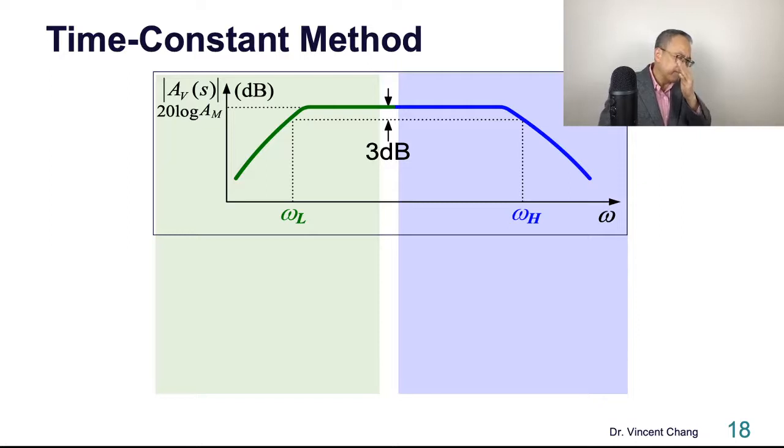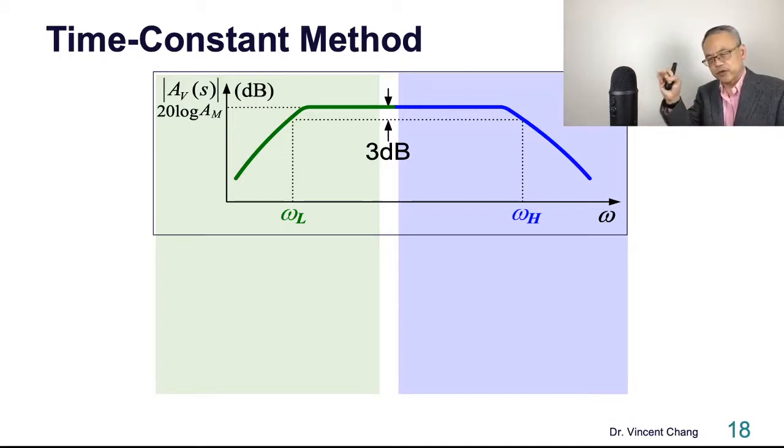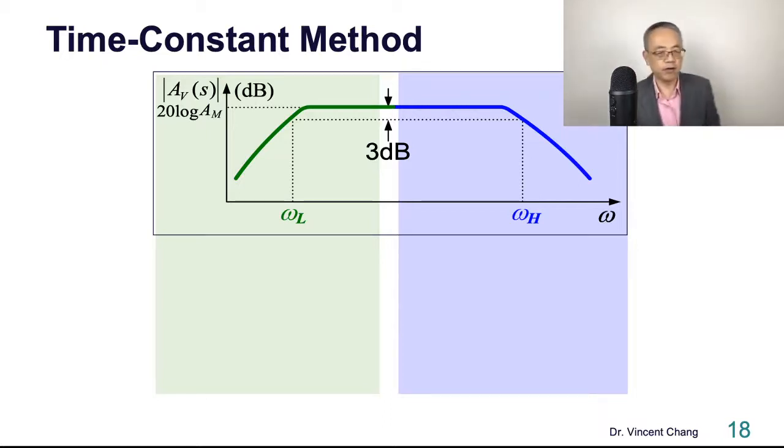What we want to roughly know is how far the frequency can be pushed. So we define the upper 3 decibel frequency omega H and the lower 3 decibel frequency omega L. In the future, I'm going to teach you a simple way, called the time constant method, to quickly estimate the upper 3 decibel frequency.